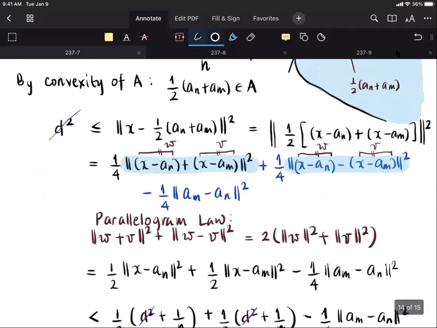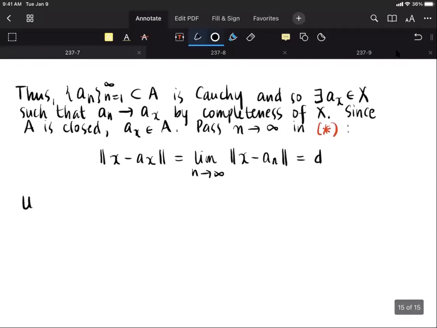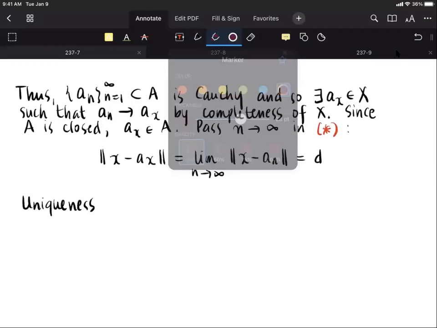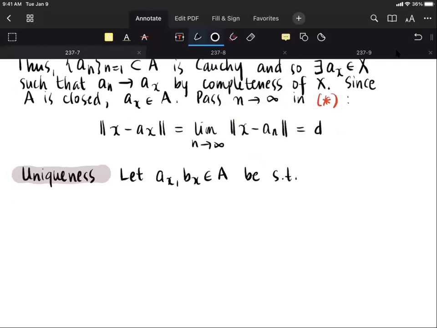Next, let us discuss the uniqueness of this point. And we proceed in a standard manner. In other words, suppose that I have 2 elements, say ax and bx, that satisfy these equations.